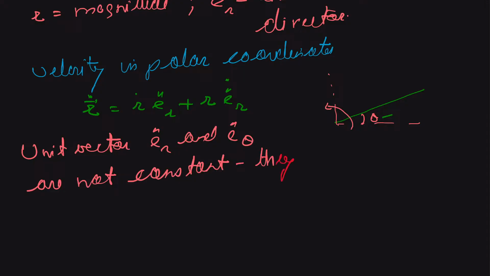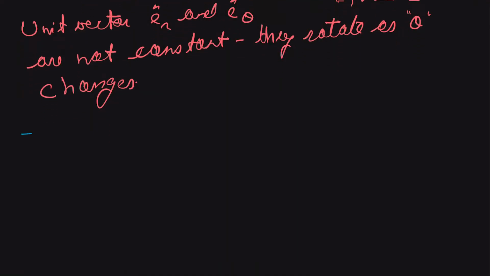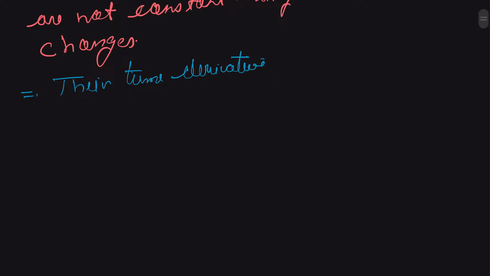They rotate as theta changes. So it means we can write that their time derivative will be giving us the time derivative of our e_r, which will be equal to theta derivative and our unit vector e_theta.